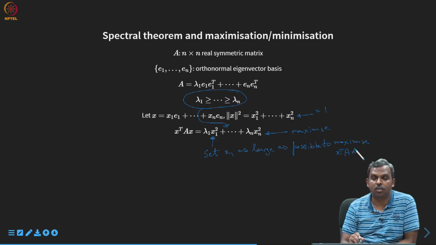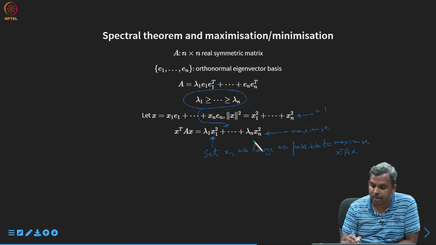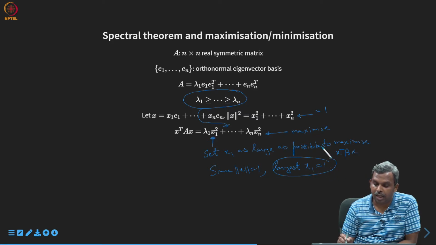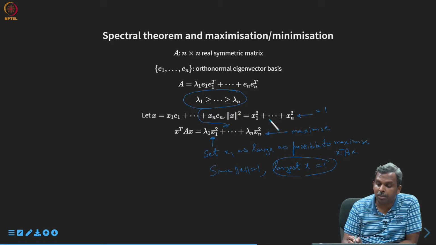Okay, so that's the main story, and given the constraint, okay, since norm x is constrained to be 1, largest x1 equals 1. Okay, so you cannot go above 1. Okay, so the largest x1 you can put is x1 equal to 1, and once x1 becomes 1, what happens to x2 to xn? All of them become 0.